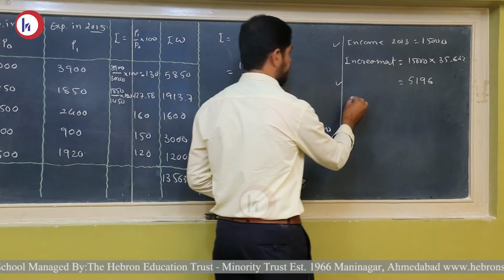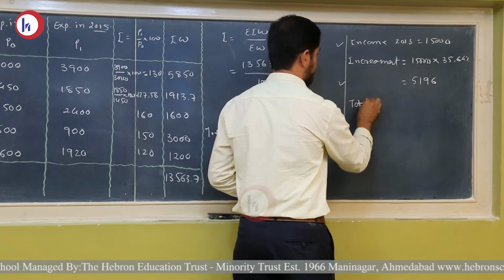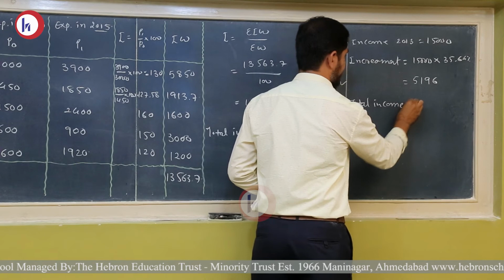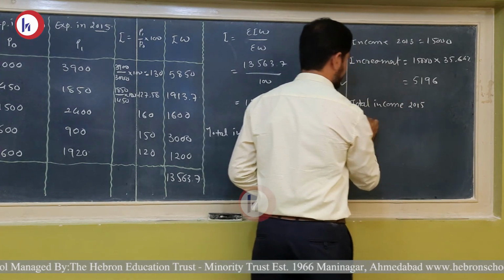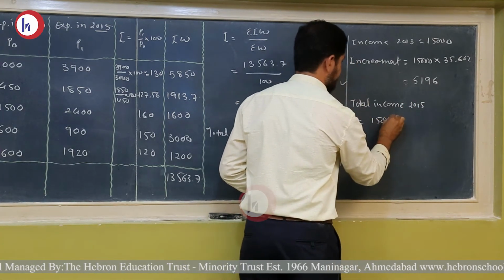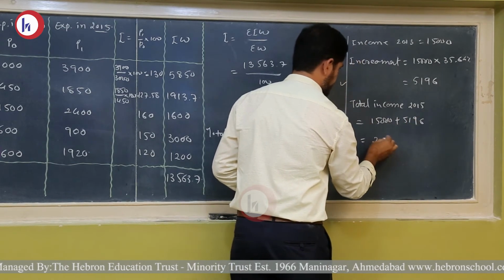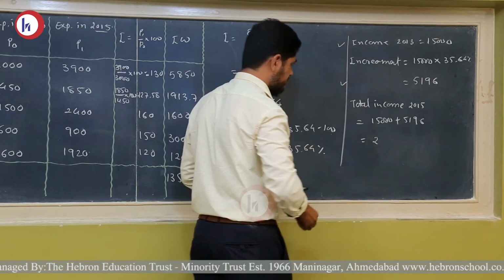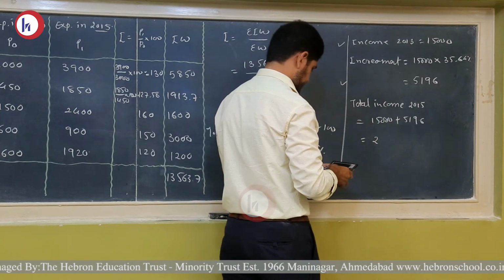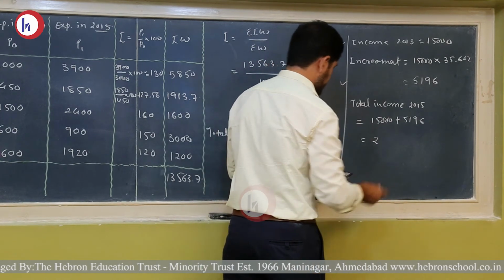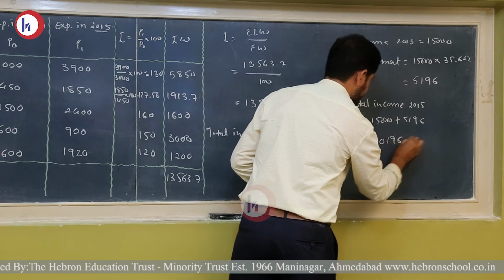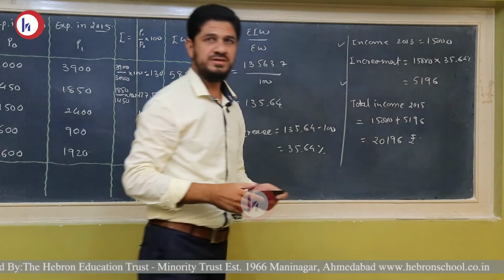So the previous income is 15,000 and the increment is 5196. So the total income in 2015 is equal to 15,000 plus 5196, that is 20,196 rupees.